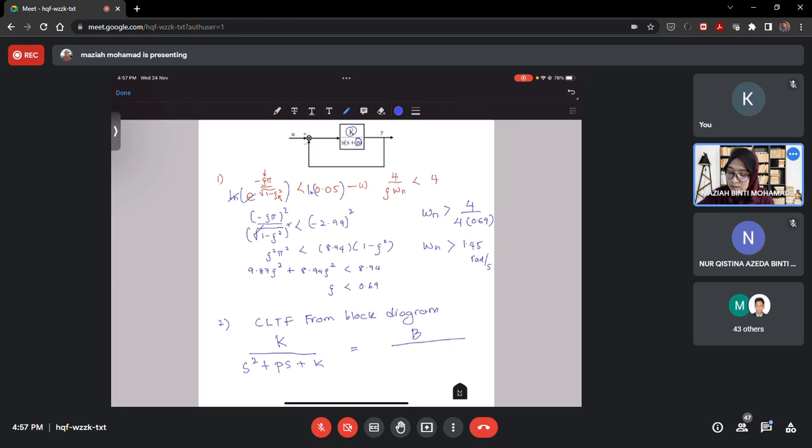Okay, omega n square, which is 1.45 square, divided by s square plus 2 multiplied with zeta 0.69 multiplied with 1.45 s plus 1.45 square.